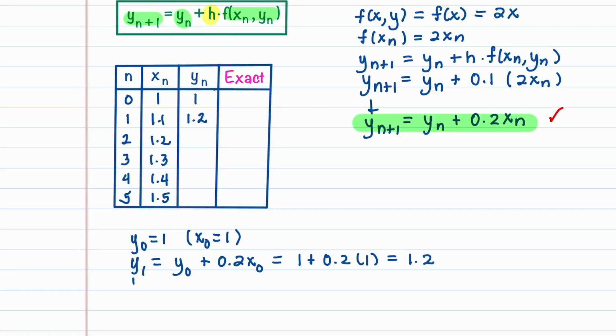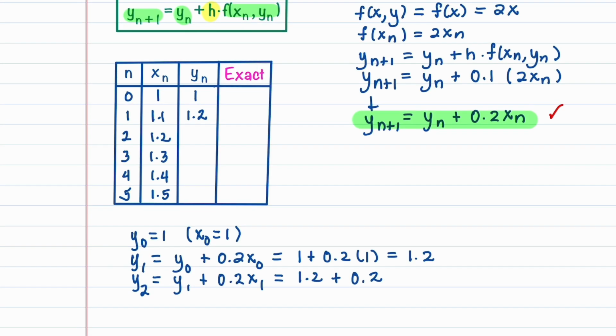Now let's compute y2. It is equal to y1 plus 0.2 x1. y1 we just found was 1.2, and then we add 0.2 times x1, which is up in our table and is equal to 1.1. And this gives us a value of 1.42. And let's put that up here into our chart.